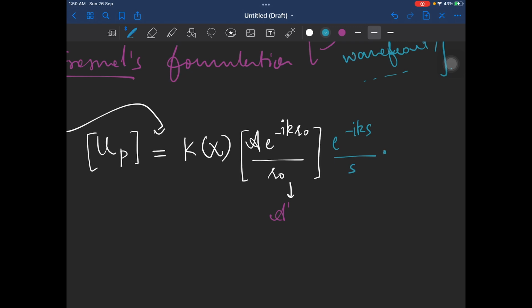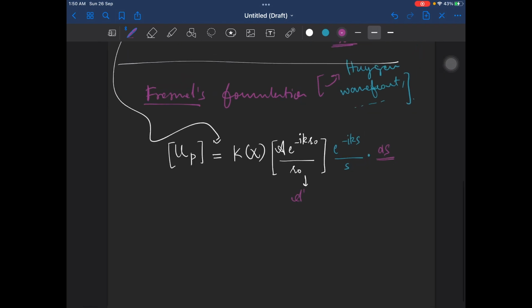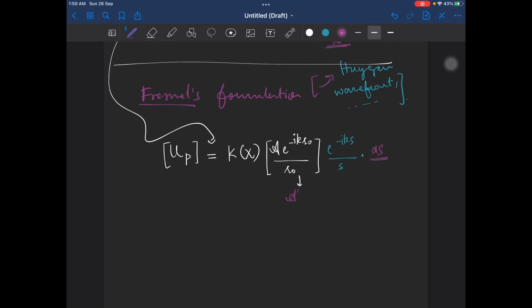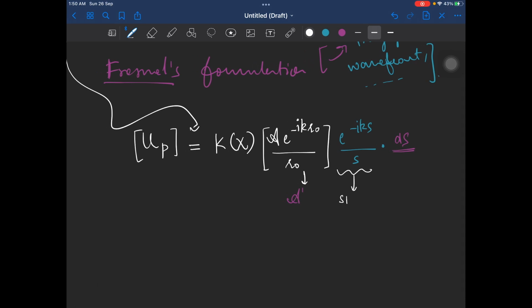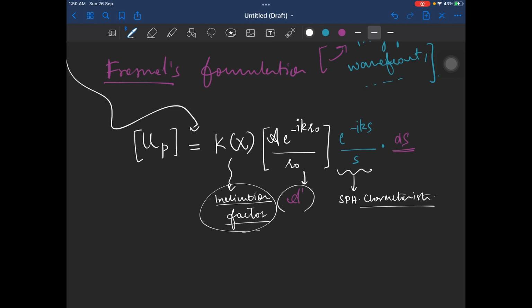Now times there is an area factor. Right? Okay, let's see this. This is a spherical wave characteristic. This is an inclination factor. And this is an area factor.